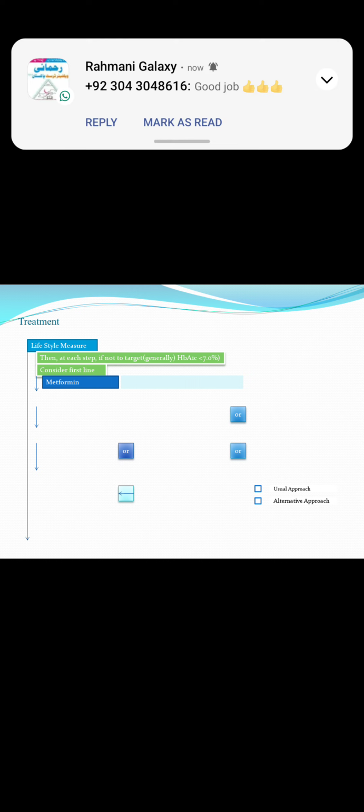In this framework, after lifestyle intervention, metformin is the first line medical therapy, and second line therapy is sulfonylurea, thiazolidinedione, DPP4 inhibitors, acarbose, or GLP-1 analogs, and obviously the third line is premixed insulin or bolus insulin, basal insulin, and fourth line treatment is pre-meal insulin and basal insulin.